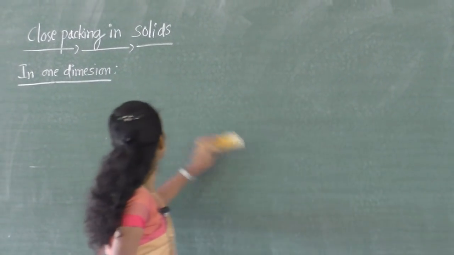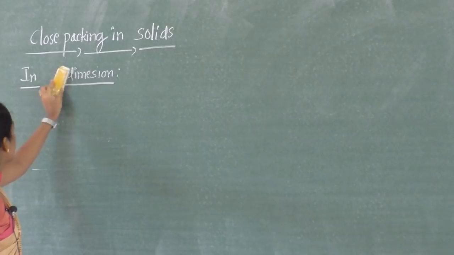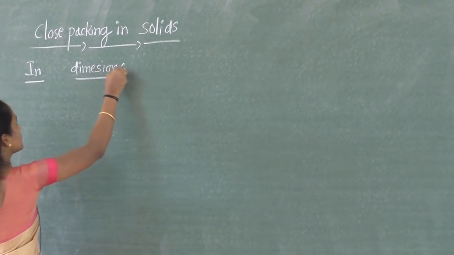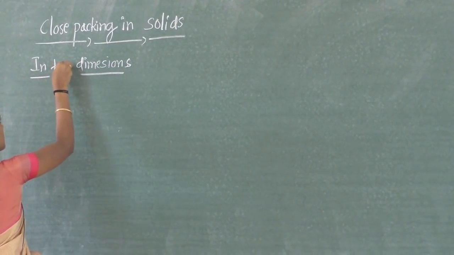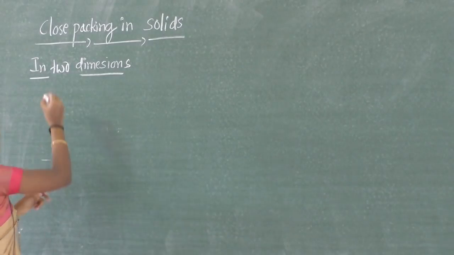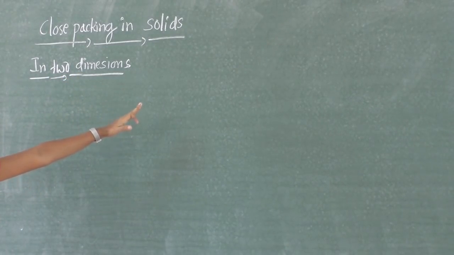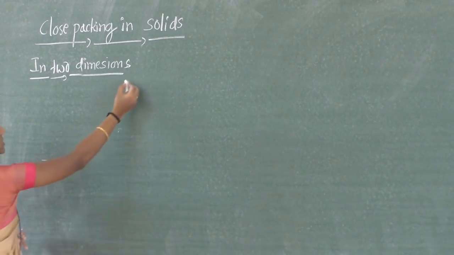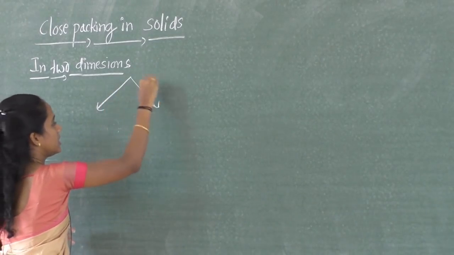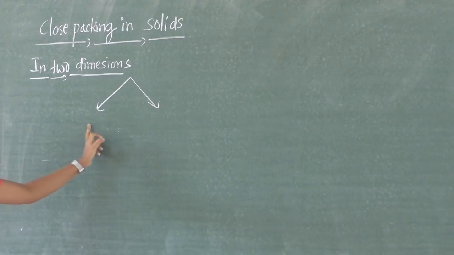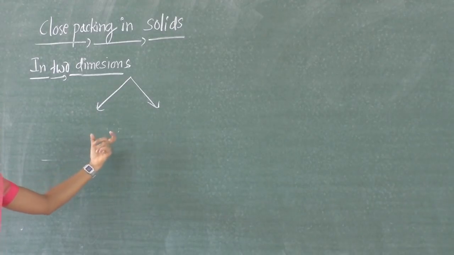So consider the close packing in 2 dimensions. There are 2 ways of arranging the constituent particles. In 2 dimensions, we can arrange the constituent particles in 2 different ways.